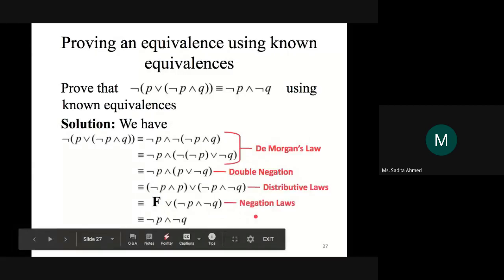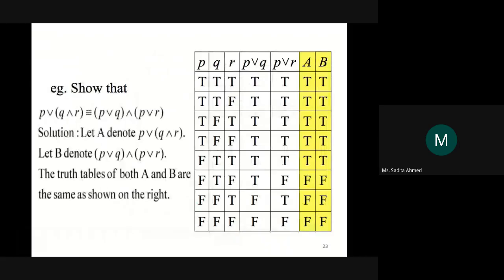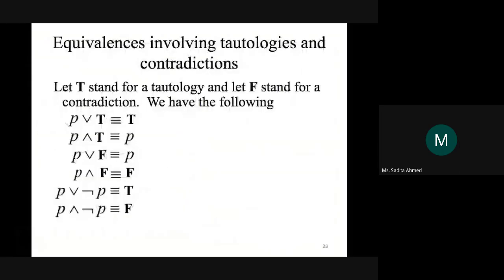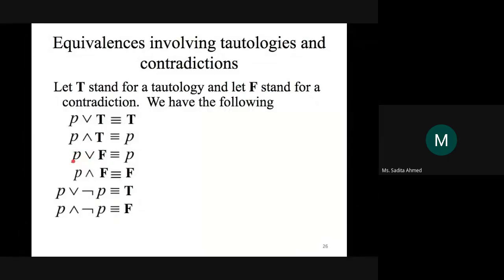Whenever we have false or something else, what can we say about the truth value? See, P or false: if you have something like this, we do not yet know the truth value of P. P can be either true or false. What can you say about this entire expression?